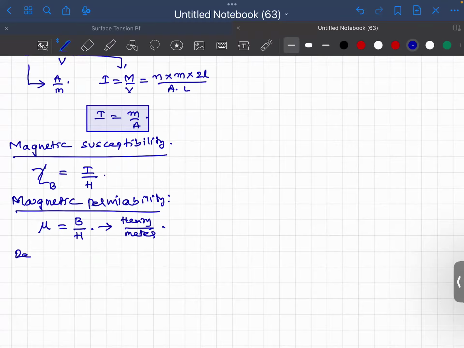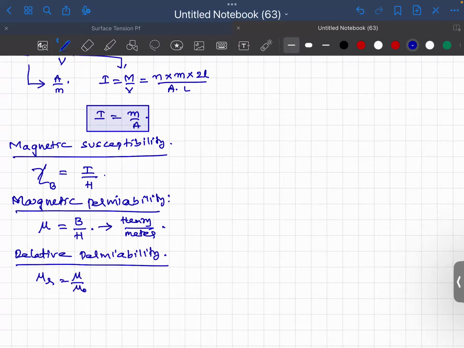Relative permeability. What is relative permeability? Mu r. It is defined as mu by mu naught.